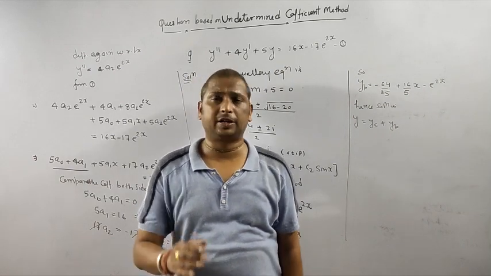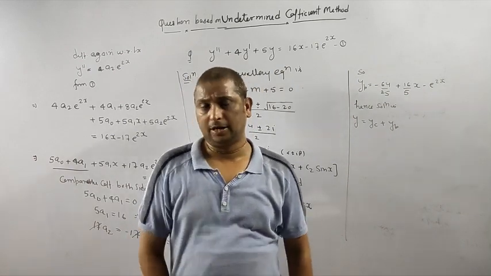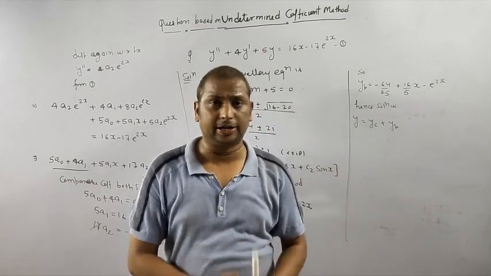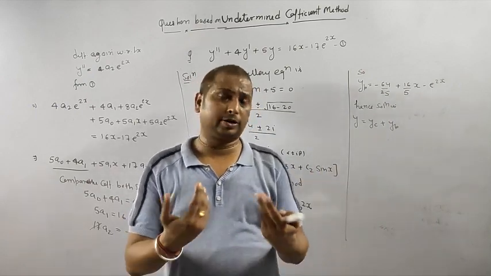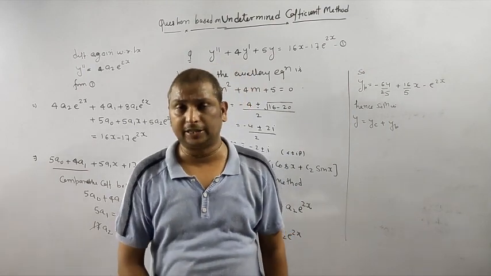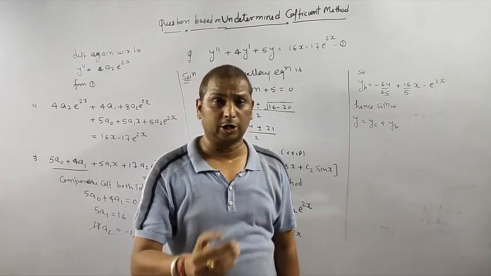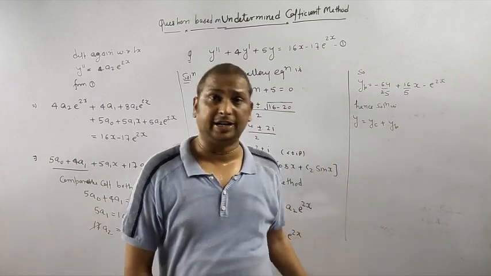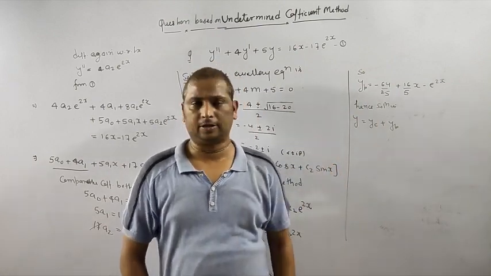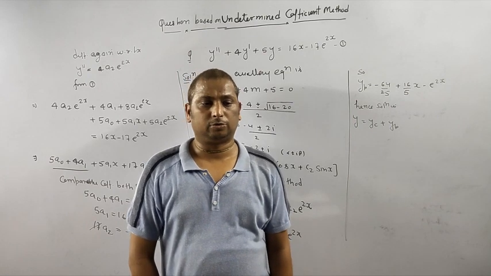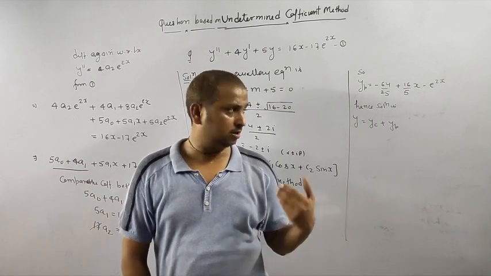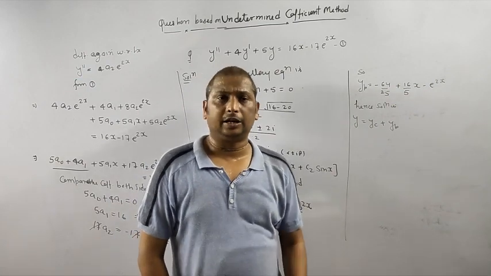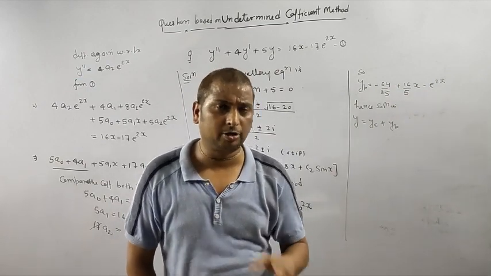Once you have written the yp part, calculate y dash and y double dash, put them in the given equation and compare the coefficients of both sides. Once you compare the coefficients, you will definitely get the values of all the required constants. Once you get the constants, put their values in yp and your yp is there. So hopefully you easily understand this type of thing, and in the next video I will solve some more questions.